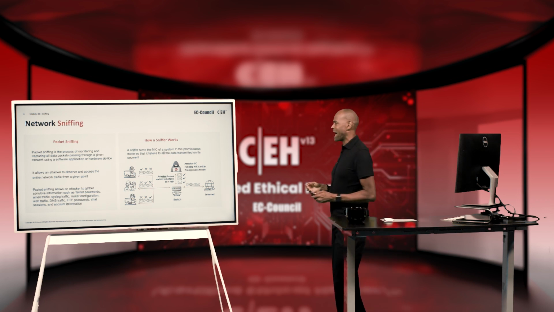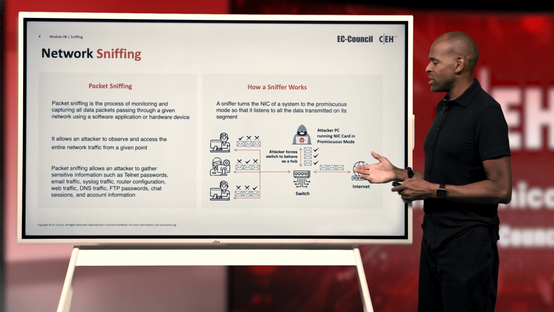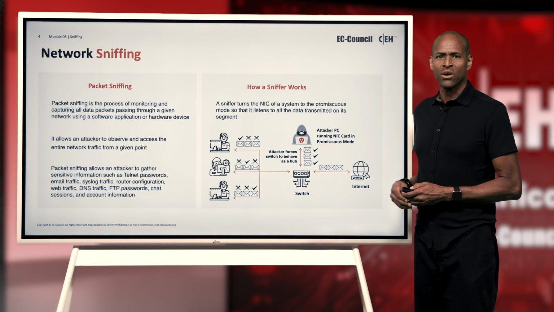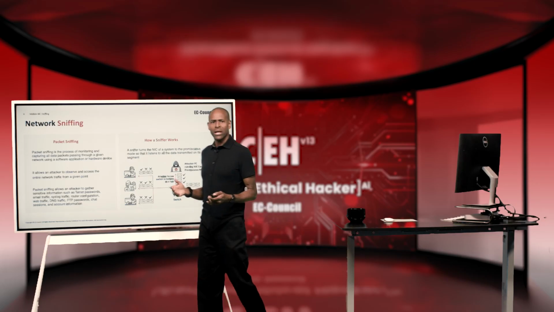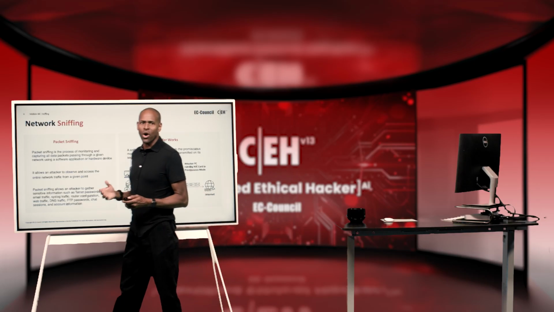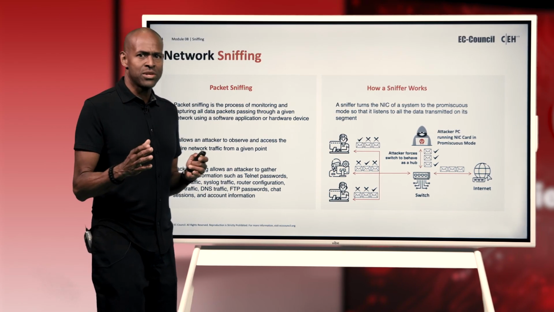First of all, with packet sniffing, there are a couple of requirements. Number one, you have to have a network interface card that is in promiscuous mode. In order to talk about what that means, let's talk about what a network interface card does. It is connected into a network.